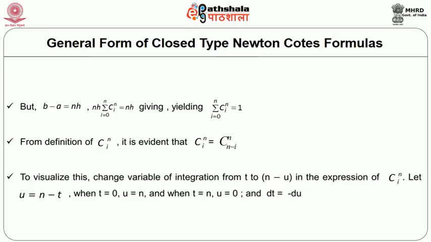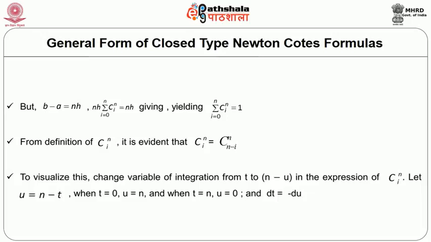And so it will reduce our work of calculation of the Cotes coefficients to almost half. Because if our n is 3, if we know 3C0, we know 3C3 also. If we know 3C1, we know 3C2 also. So instead of calculating 4 Newton-Cotes coefficients, we would be required to calculate only 2 Cotes coefficients using this property NCi equal to NC(n minus i).